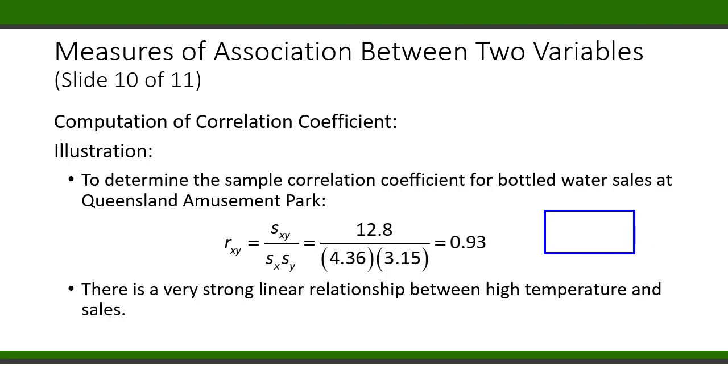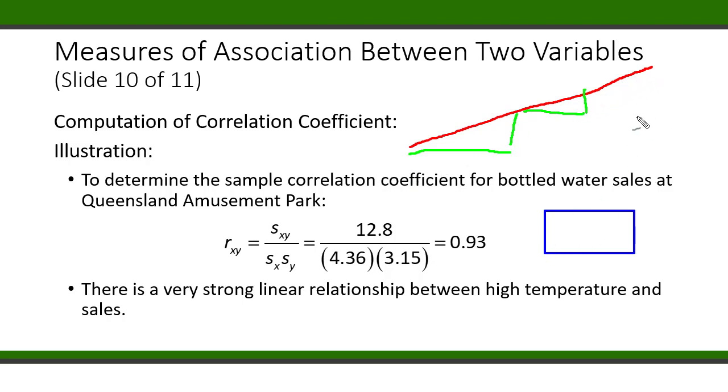So let's think a line like here. What that is saying is that as you increase in x, you're increasing in y. Increase in x, increase in y. So that's a positive slope.